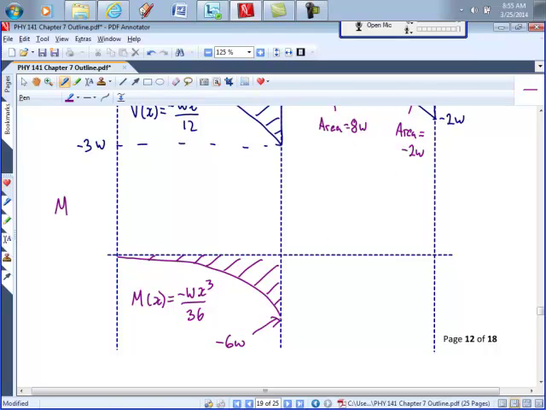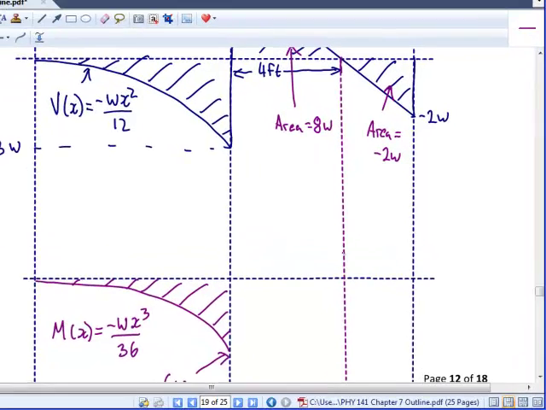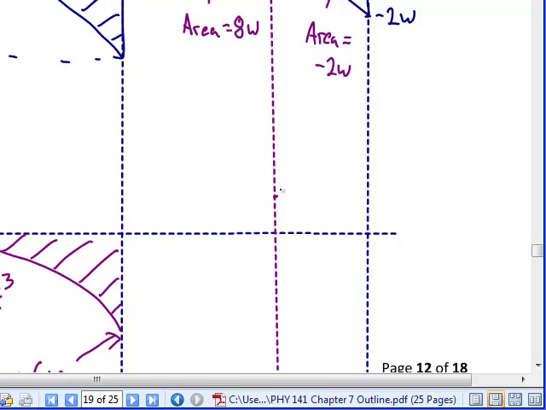So that means between here and 4 feet, let me just extend that line down. We're going to go up by 8w. So we're going to go from negative 6w up to positive 2w.